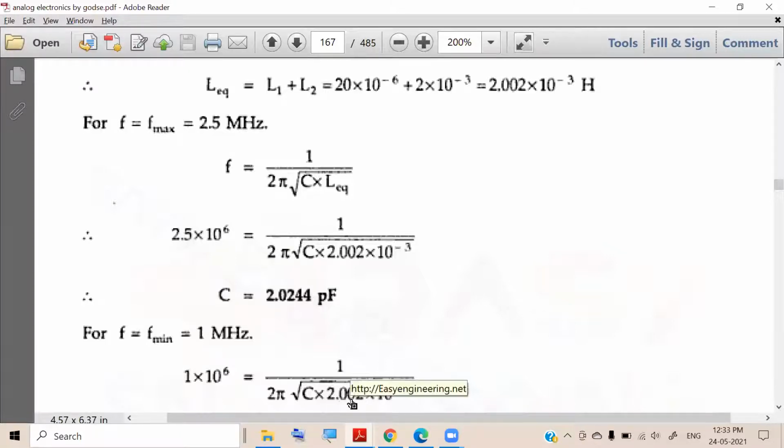C as it is, L equivalent is 2.02 into 10 power minus 3. Now simplify and tell me what C you are getting. Similar calculation. In fact, now this is easy because 2.5 square, 6.25 is not here. 1 square is 1. So this is much easier. Quickly answer and tell me what C you are getting.